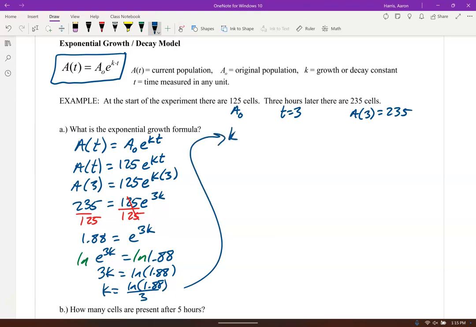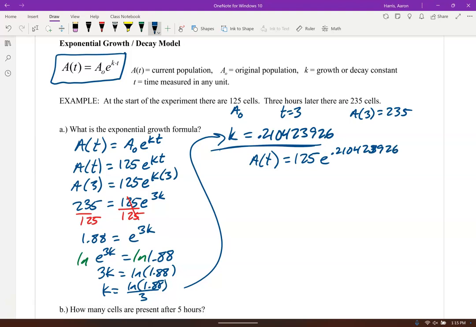I'm going to go ln of 1.88 and then divide it by 3. 0.210423926. Okay. So now we have our model. We started out with 125 cells, that's A0, and now we have our k, e to the 0.210423926t.